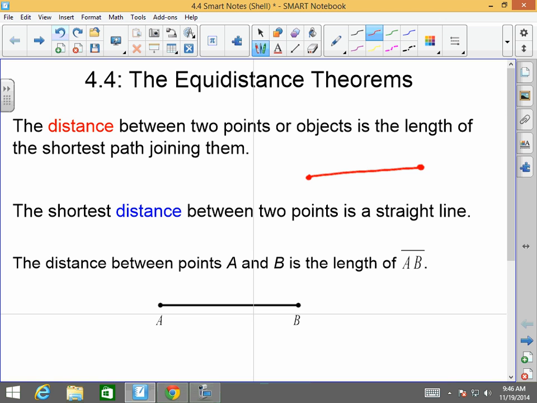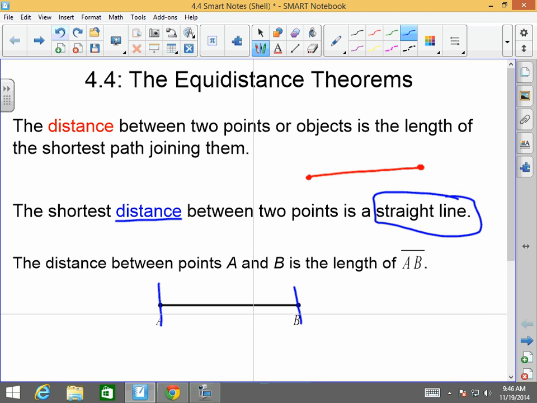And the shortest distance between 2 points is indeed a straight line. Always. If you have 2 points, the shortest distance between those 2 points is a straight line. So when we look here at segment AB, the distance between A and B is whatever length AB is.